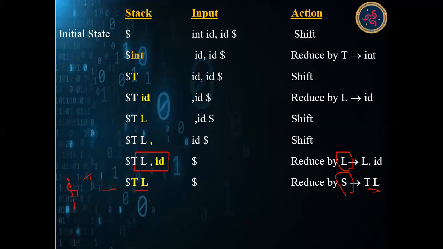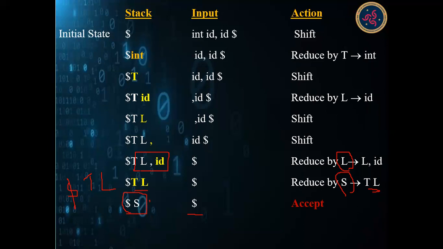So here we will be having a dollar symbol and S. Since this is the condition, that is the input buffer is empty as well as the stack is having the start symbol, we can stop our operation. In this grammar, S is the start symbol. So now we can accept this input string for the given grammar.